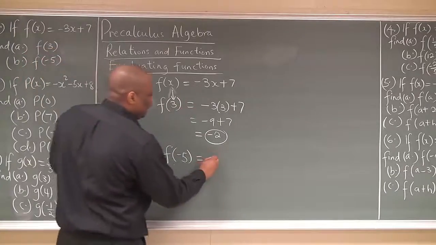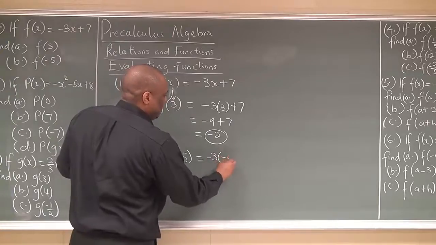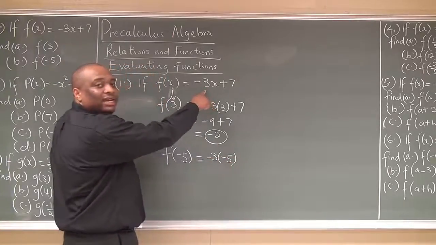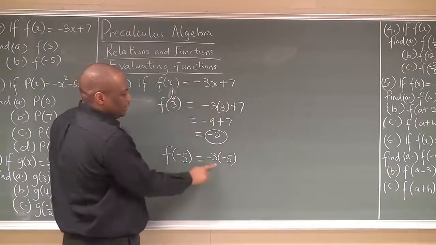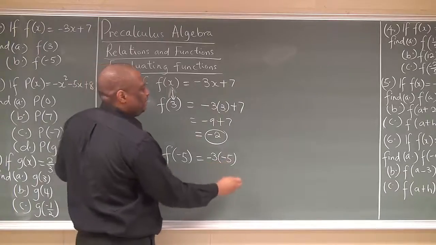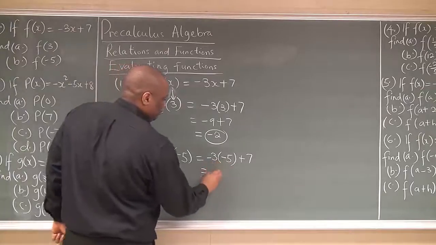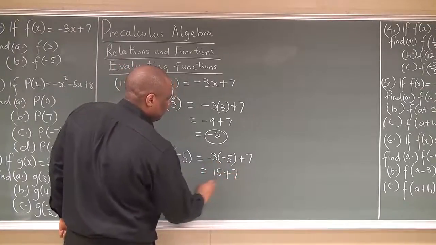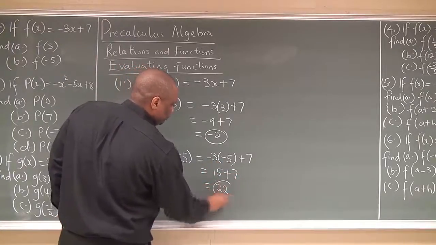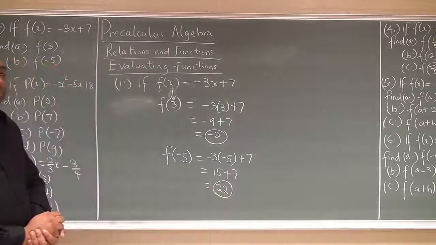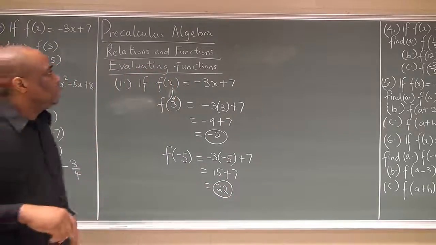So this will now be negative 3 times negative 5, because this is negative 3 times x. So this will be negative 3 times negative 5 plus 7. And that will give you what? 15 plus 7. That will give you 22. That's it. Okay?